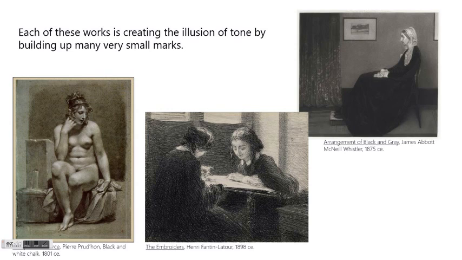Whereas in the lithograph print by Fantin-Latour, you can more clearly see the hand of all the marks. It still has the feel of tone, but also has the feel of a hatched mark. Whereas the Prud'hon figure study is kind of in between.